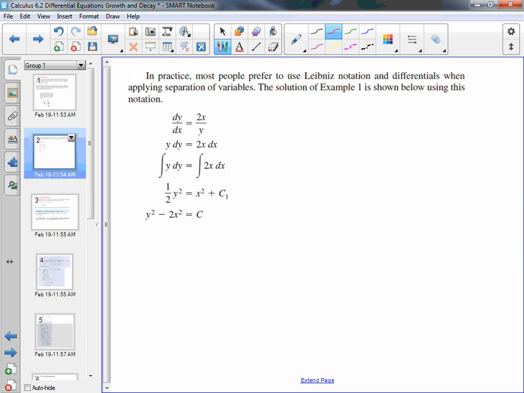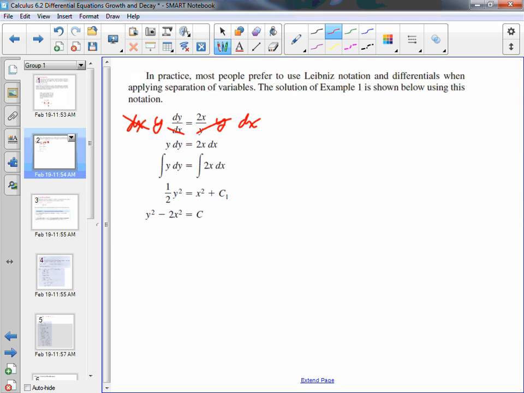Now, the separation of variables step could be steps sometimes. It's algebra. So what they've done here is they've multiplied both sides by y, and they've multiplied both sides by dx.